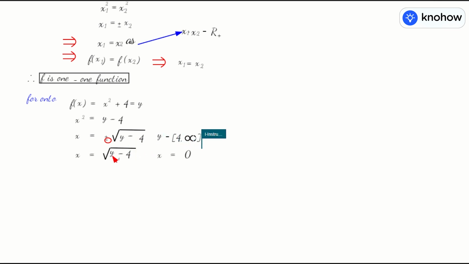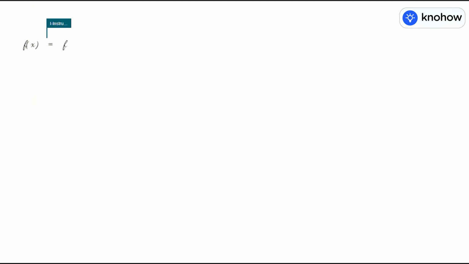Yes, it will exist. So we can conclude that for each value of y, there is an x = √(y - 4) such that f(x) = f(√(y - 4)). What is the definition? x² + 4. So it will be (√(y - 4))² + 4, that is y - 4 + 4. The 4 and 4 cancel, equal to y. So to each value of y, there is an x such that f(x) = y. So it is onto. So f is onto.